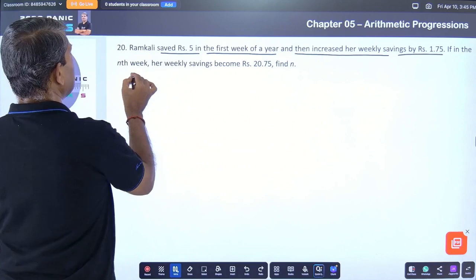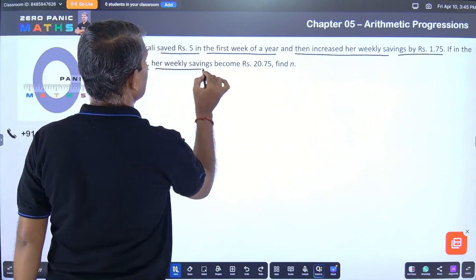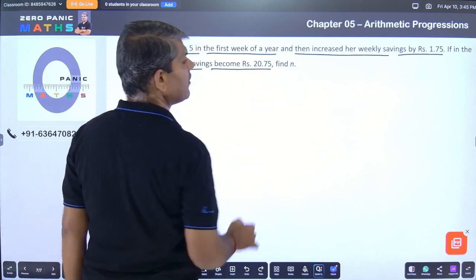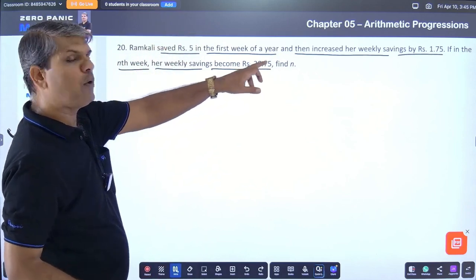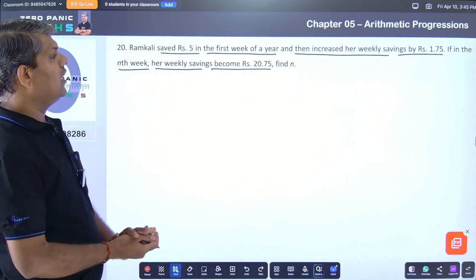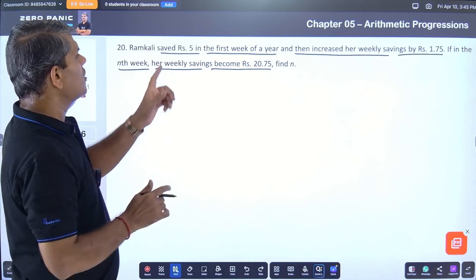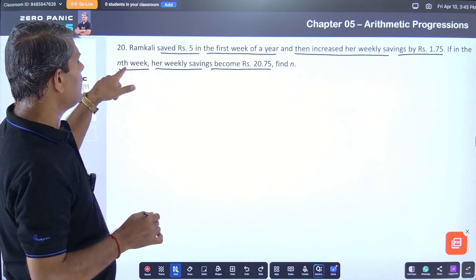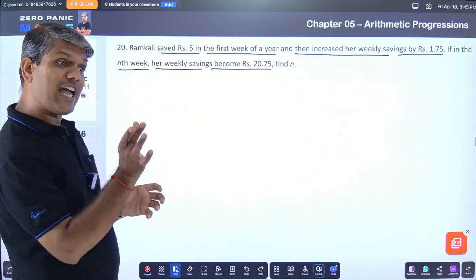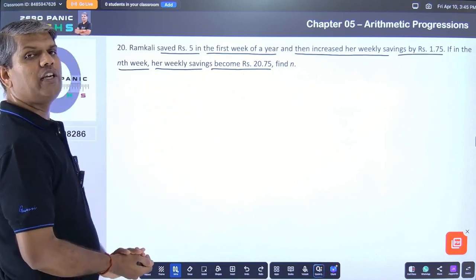If in the nth week her weekly savings become 20.75, it means that the last term they have given, the nth week 20.75, is her savings. So we need to find the value of n, or that week number for which the value became 20.75.